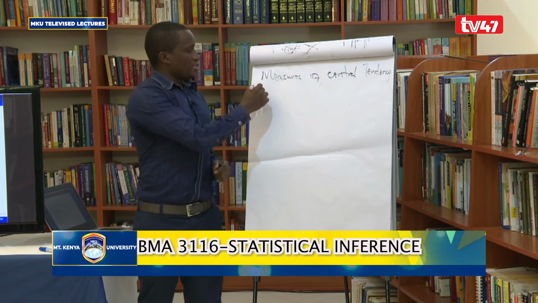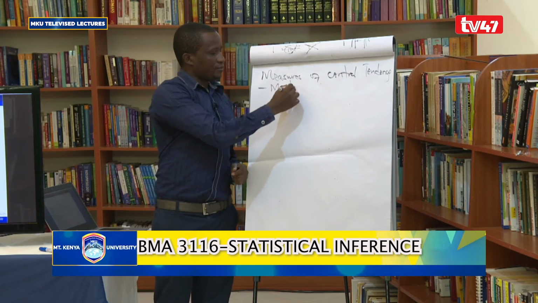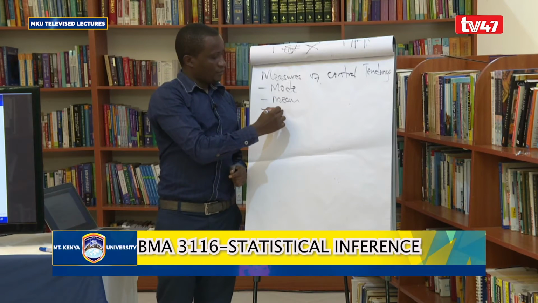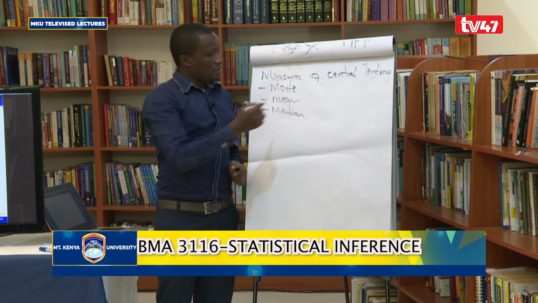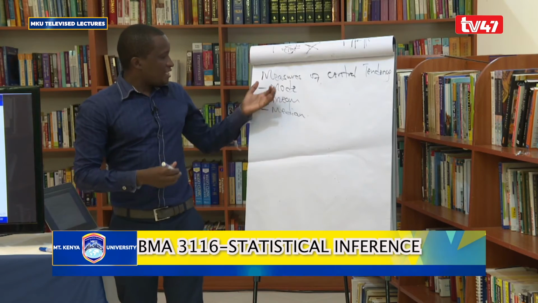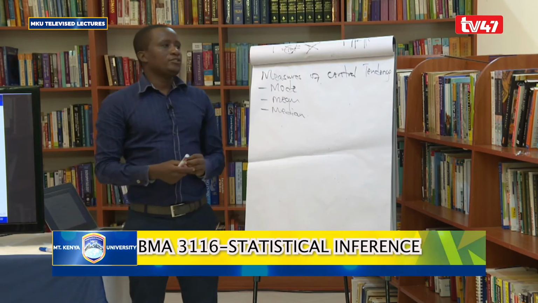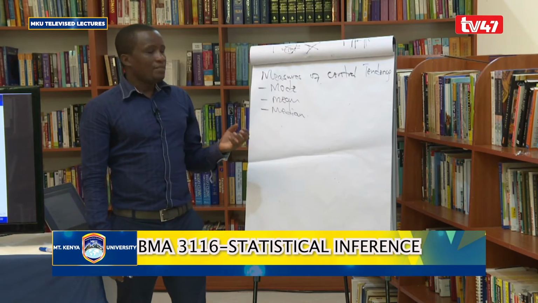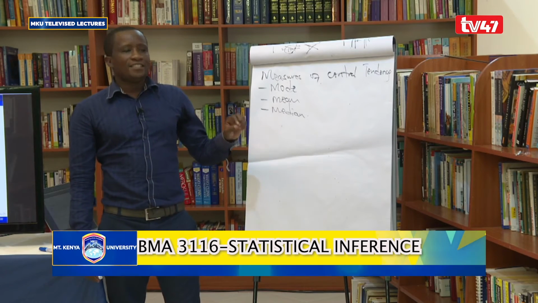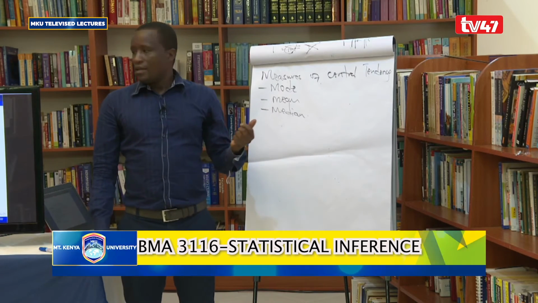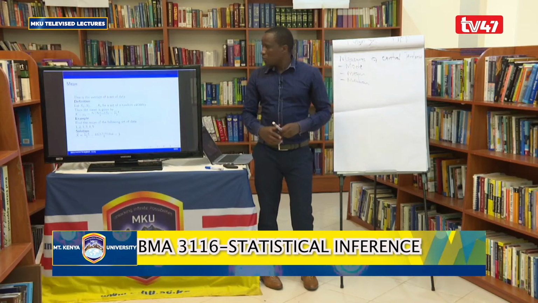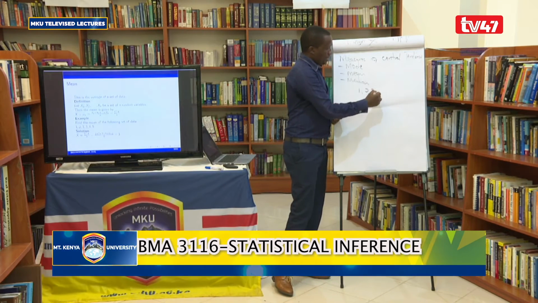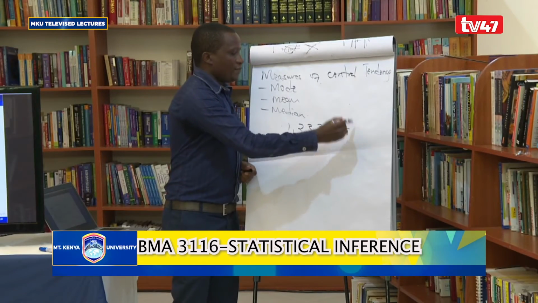These measures include mode, mean, and median. So these measures are normally called measures of central tendency because they tend to classify data according to where it is centrally placed. Look at the example of 1, 2, 3, 4, and 5.